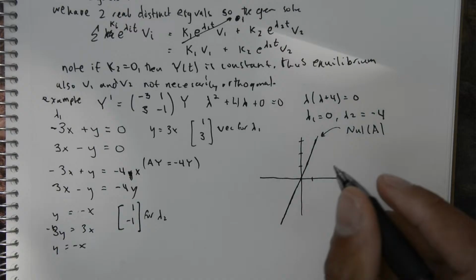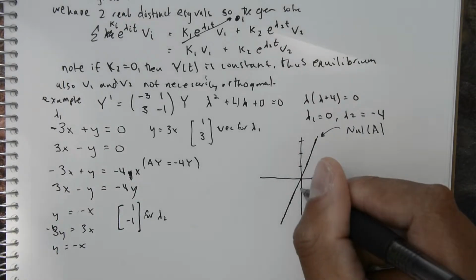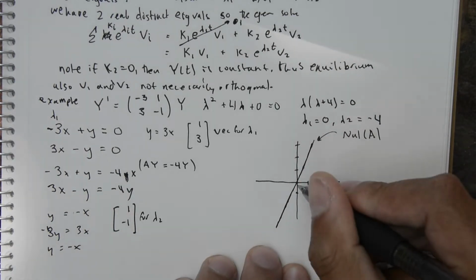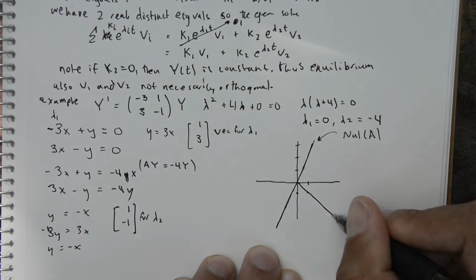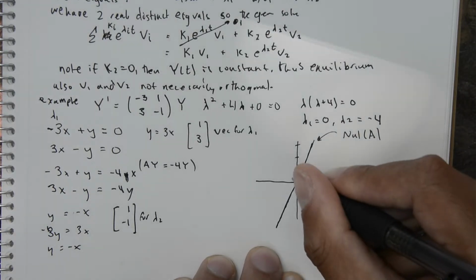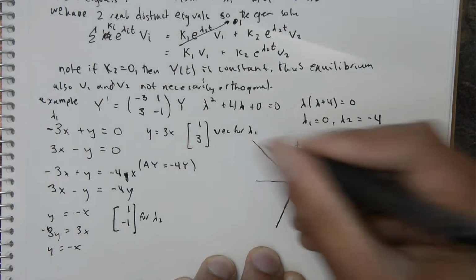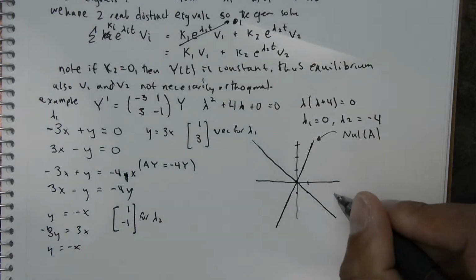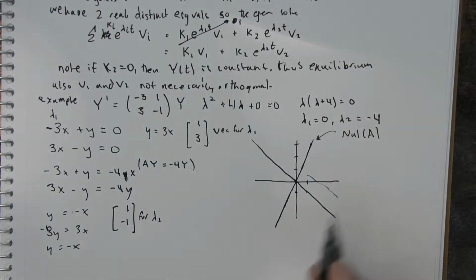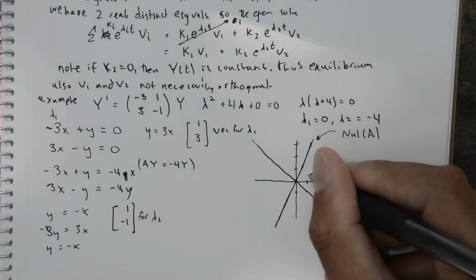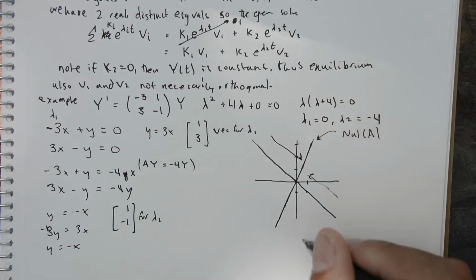And then we have 1, minus 1 here. Basically, all these solutions are going to tend, since it's negative, they're all going to be coming in like this.